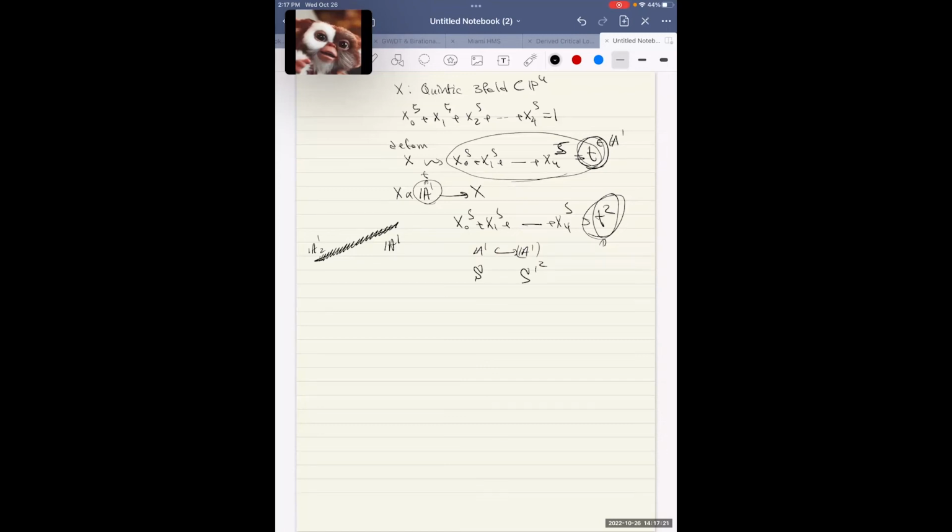And I'm trying to see, now that I deform my variety this way, how can I see the deformations of sheaves? Okay, so this is what we are doing. And that will lead to the deformation for the moduli space of a sheaf? Absolutely. Yeah, this is the point of view.